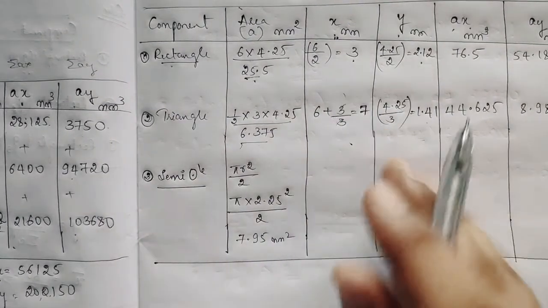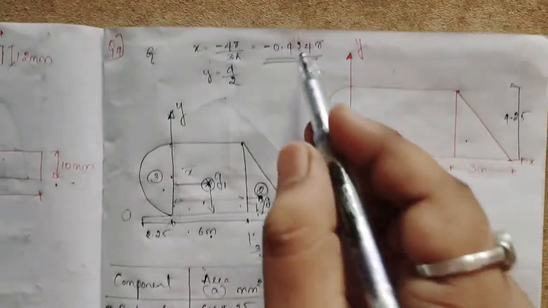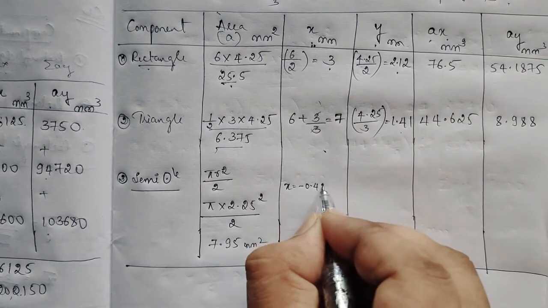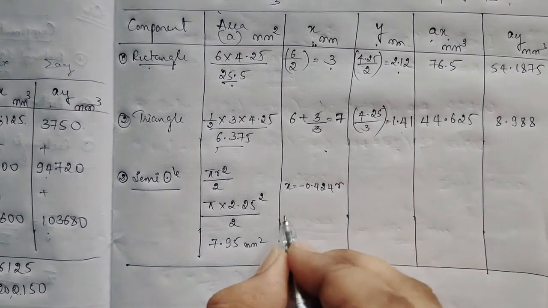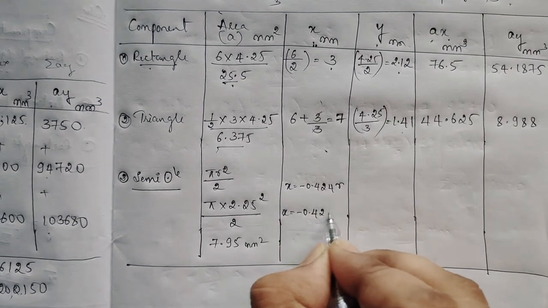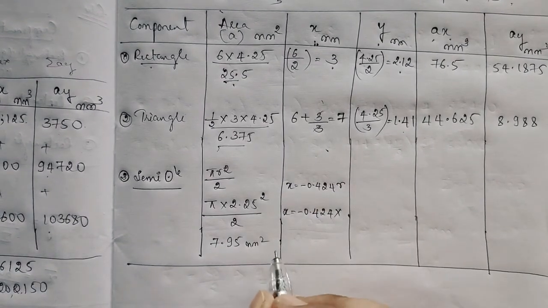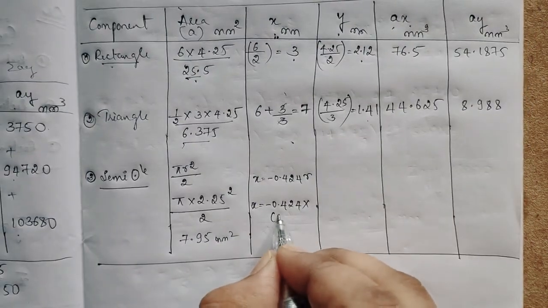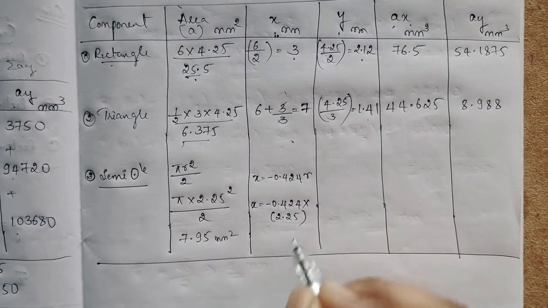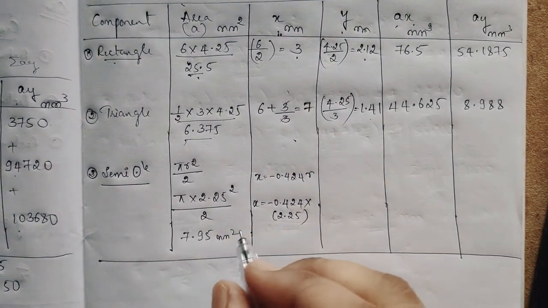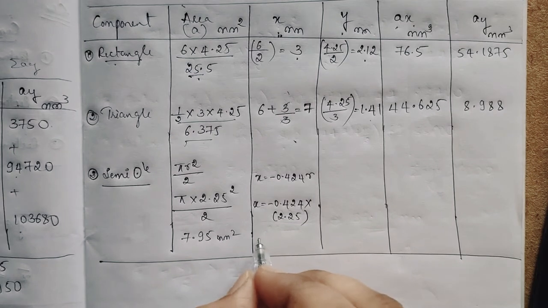The value of x will be minus 0.424 into r, so x will be minus 0.424 into 2.25, which gives me around 0.954.